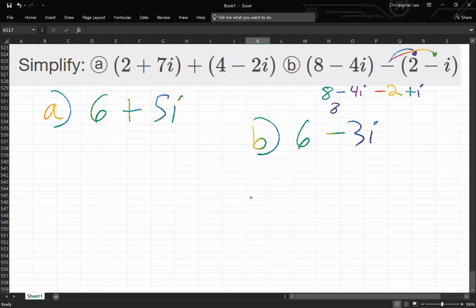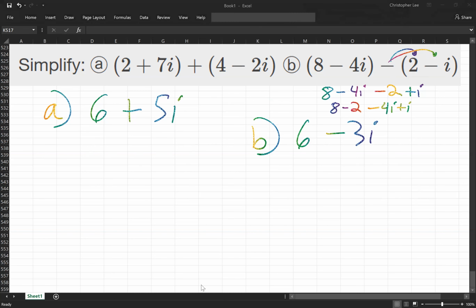So you could say 8 minus 2 minus 4i plus i to get this answer. That's fine if you want to do it like that. Y'all shouldn't do that in your head. Y'all should actually show your work.